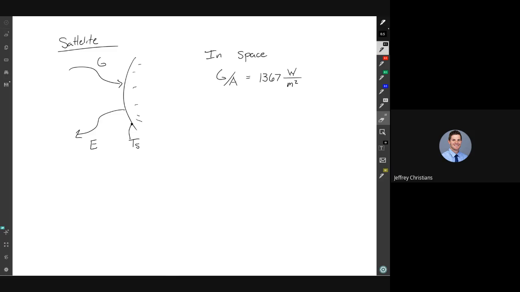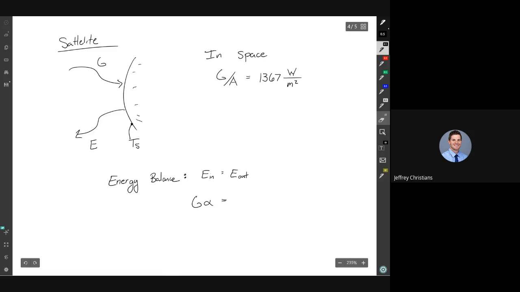So let's do an energy balance of our satellite. An energy balance tells us that the energy coming in has to be equal to the energy going out. So E in equals E out. What's coming in is G times alpha, right? How much is coming in times what fraction of it we absorbed, 10%, 90%, whatever it was.